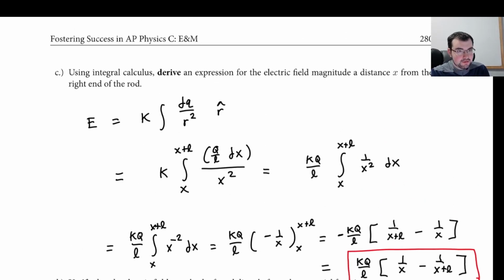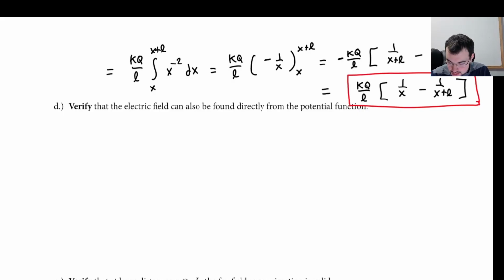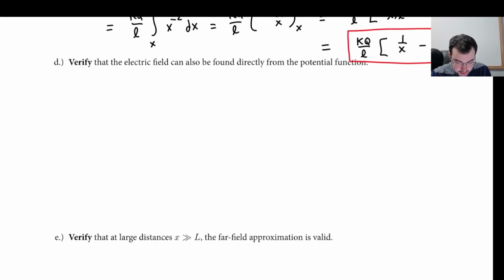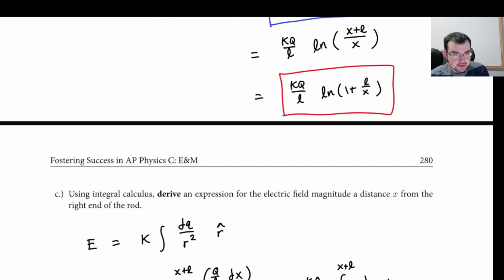Now we can verify that if I didn't want to use the E field definition, I could instead just use the potential, because we know that E is the derivative of the potential. And our potential, as found in the previous part, was kq over L times, looking back here, ln of x plus L minus ln of x.